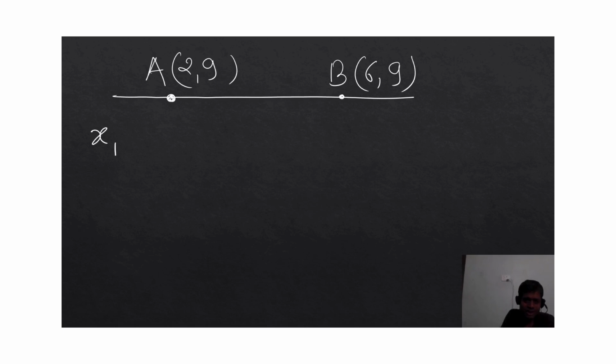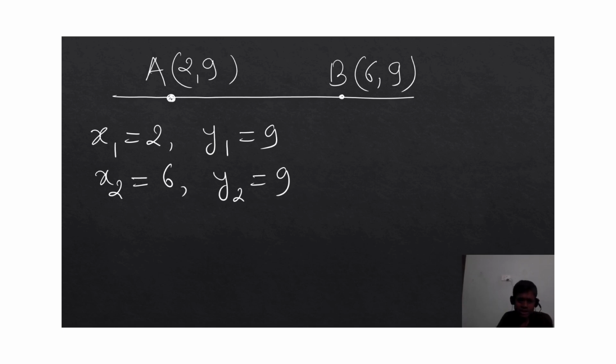For the first point, x1 is 2 and y1 is 9. For the second point, x2 is 6 and y2 is 9. So it's clear that the y coordinates in both cases are equal. Let us find out what will happen.